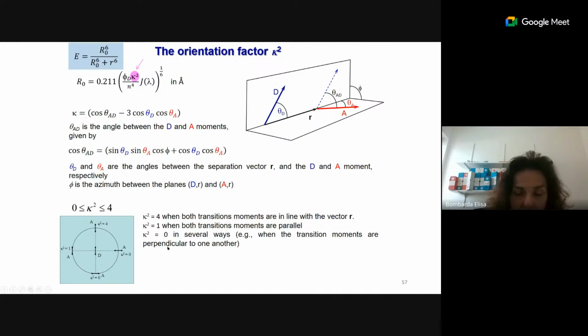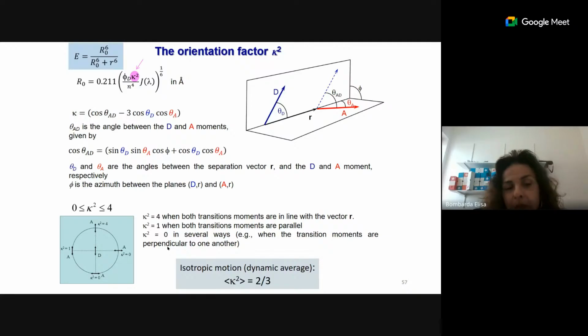Okay, good. So of course it's a little bit difficult to estimate the orientation factor, because we cannot measure all the angles between molecules, especially in solution, where they have isotropic orientation, let's say.